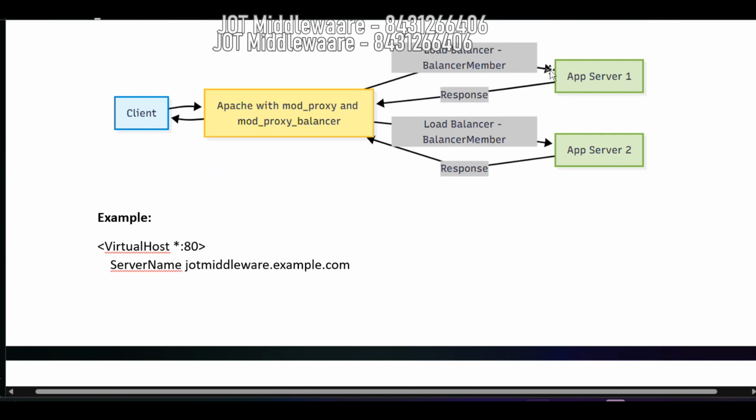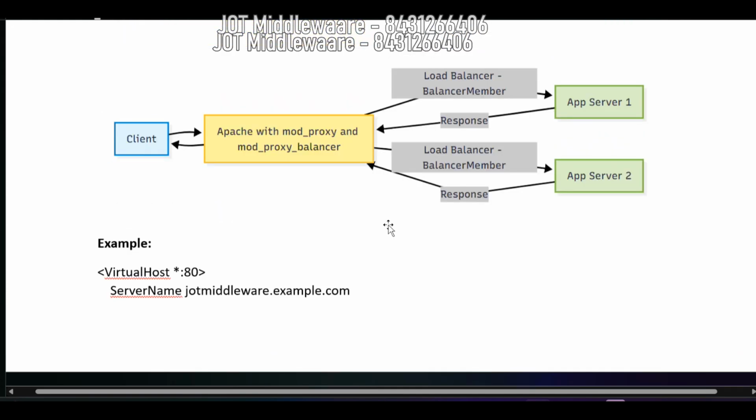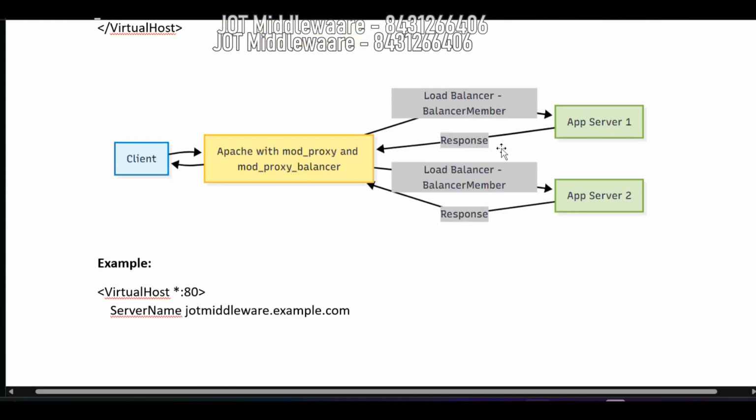So it sends the request to balancer member 1. Once the response is generated, it is sent back to the client, and the second request is sent to balancer member 2. So you can control how these requests are load balanced to the backend application servers. It can be based on the number of requests, like you can define the first 10 requests go to app server 1, the second 10 requests go to app server 2.